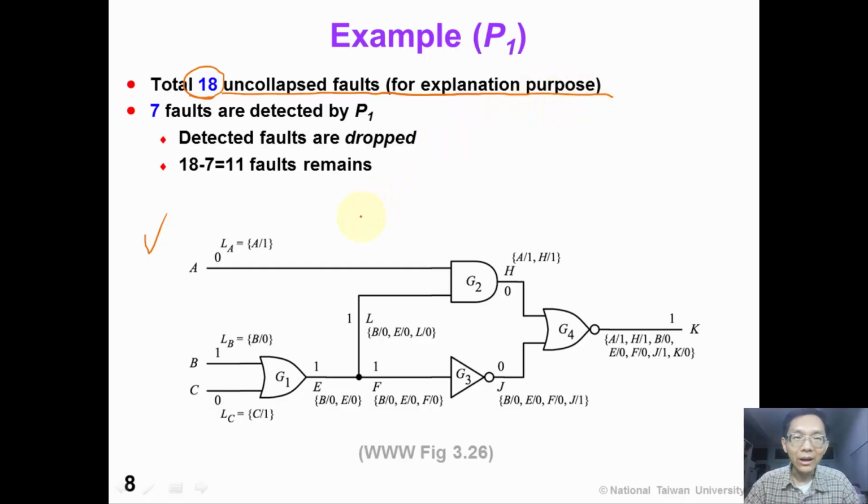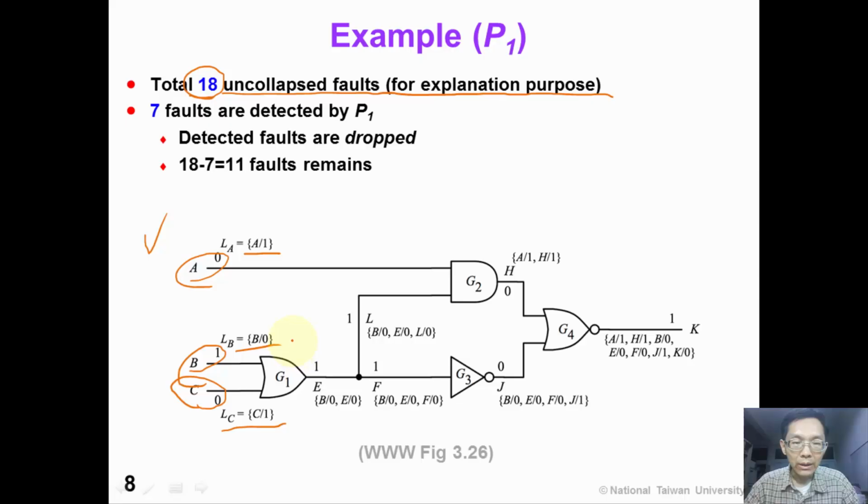Initially, there are 18 faults in the circuit, and we apply the first test pattern: A equal to 0, B equal to 1, and C equal to 0. So initially, the fault list of A is A stuck at 1, LB equal to B stuck at 0, and LC equals C stuck at 1.